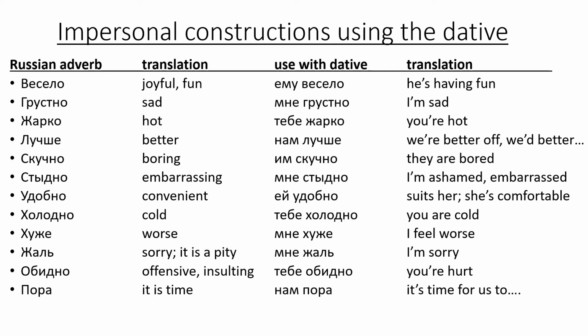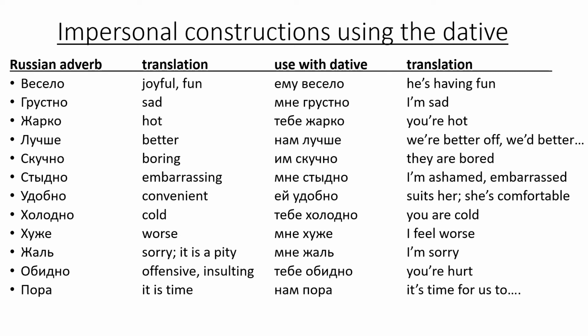Нам лучше can mean we're better off, we feel better, and it can also be used to say we'd better do something or we should do something. Скучно means it is boring. Им скучно means they are bored. And the ch here can be pronounced as either a hard ch or a soft sh. The hard ch is more common with the younger generation, скучно.